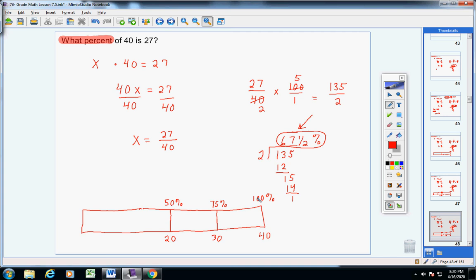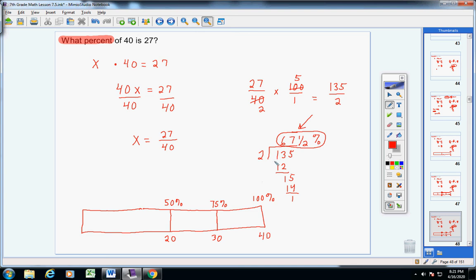It's above 50. So let's cut this rectangle here in half, right here. What's halfway between 50 and 100? 75%. What's halfway between 20 and 40? 30. So 50% is 20, 100% is 40, 75% is 30.